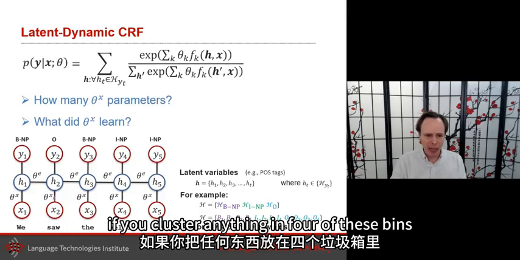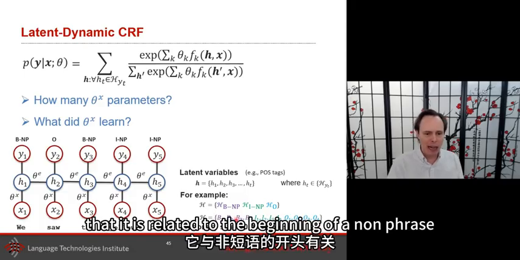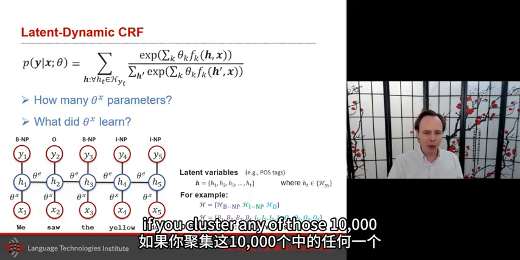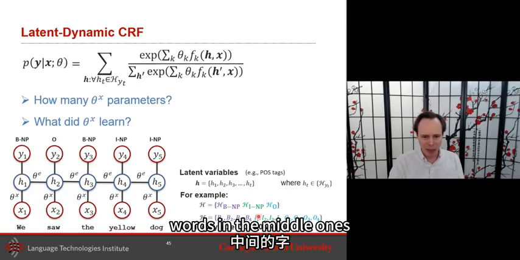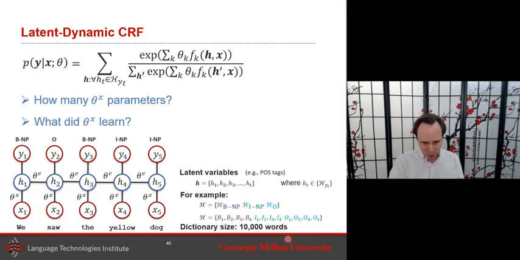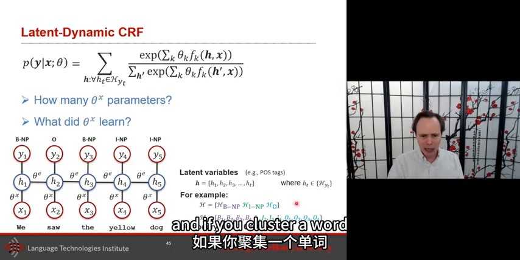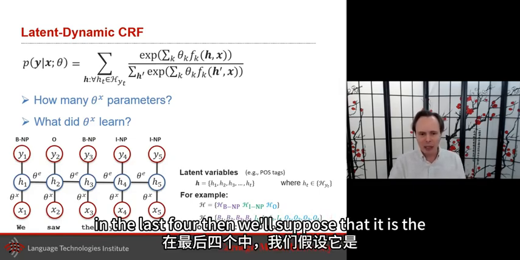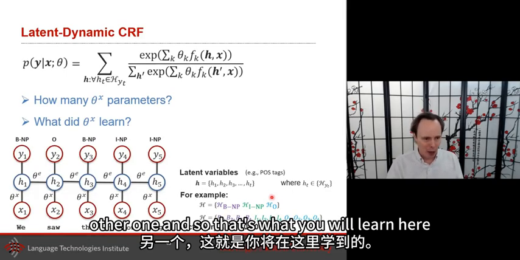If you cluster anything in 4 of these bins, it's supposed to be related to the beginning of a noun phrase. If you cluster any of those 10,000 words in the middle ones, then we'll suppose it's a continuation. And if you cluster a word in the last 4, then we'll suppose that it is the other one. And so that's what you will learn here.